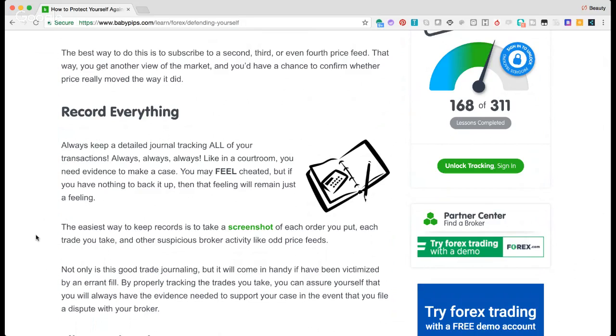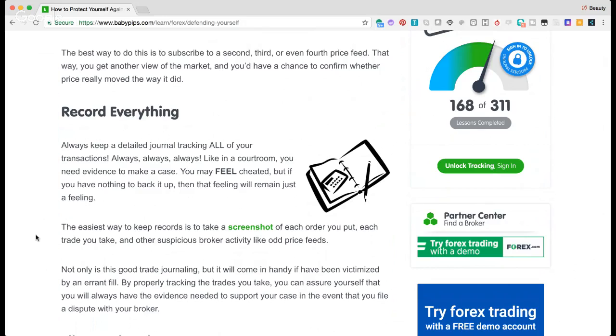Always keep a detailed journal tracking all of your transactions. Always, always, always. Like in a courtroom, you need evidence to make a case. You may feel cheated, but if you have nothing to back it up, then that feeling will remain just a feeling.